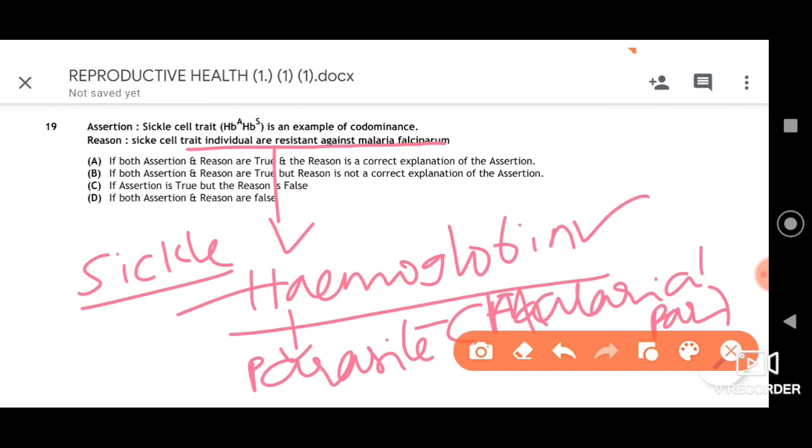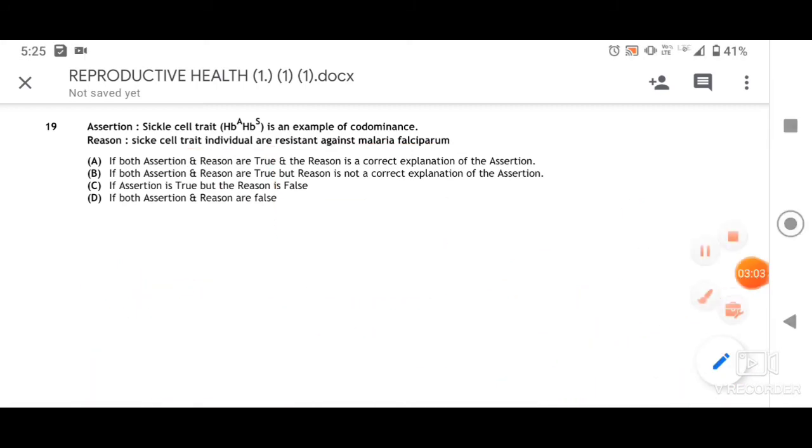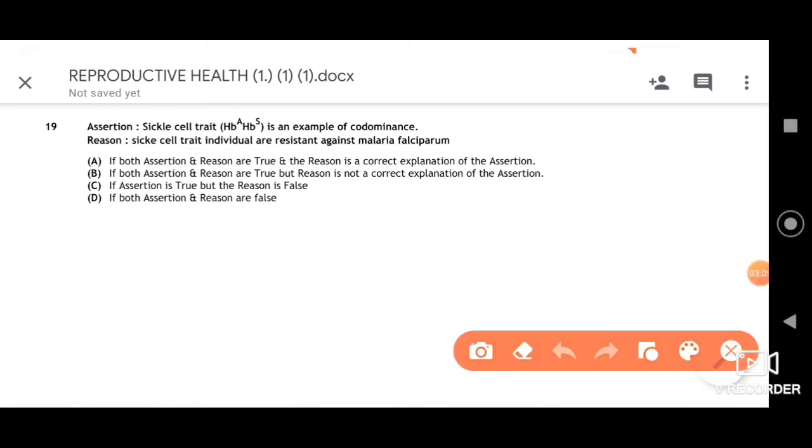So you have to go for option B: both assertion and reason are true, but the reason is not the correct explanation of assertion. That's why you have to go for option B, my dear friends.